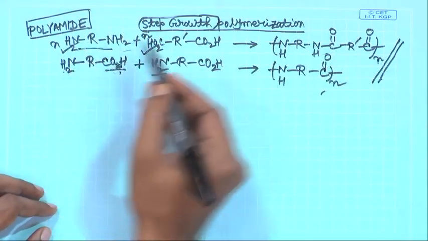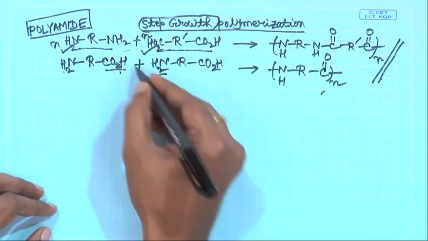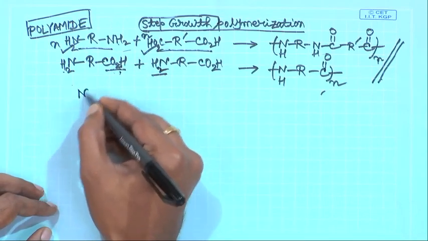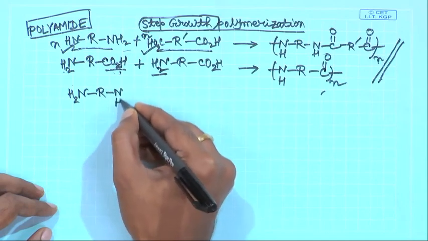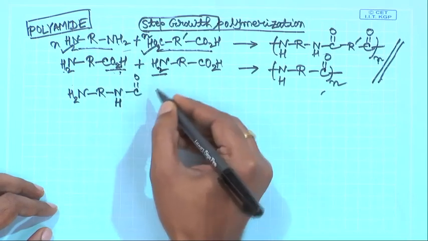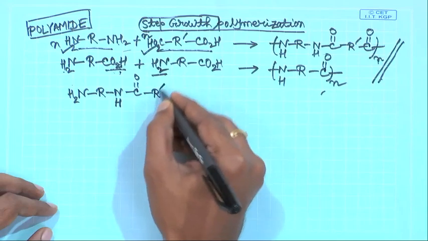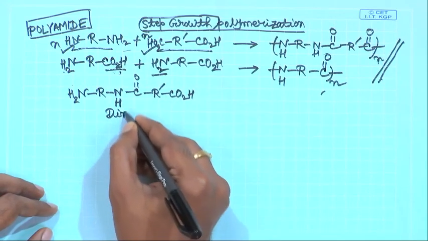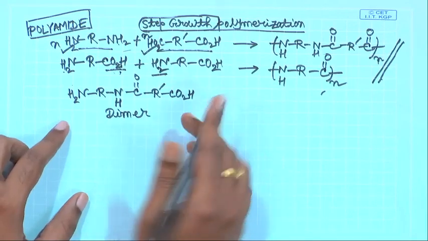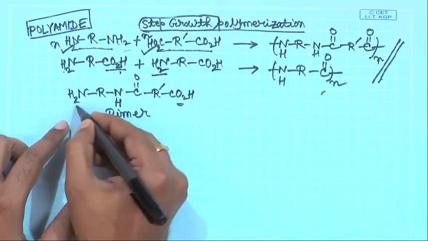So, maybe this monomer reacts with this monomer initially to create something like this. So, you will have NH CO. You have an amide unit now, R prime CO2H. So, it is a dimer.